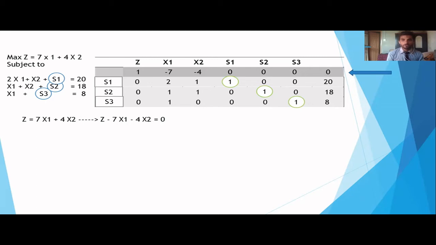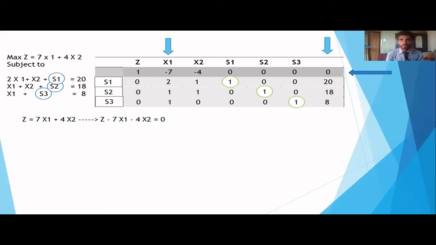But if the coefficient of that variable is positive, then a simple way to identify up to what value the variable can increase in that constraint is to divide the value of the constant by the coefficient. Now we select the row with the smallest value.